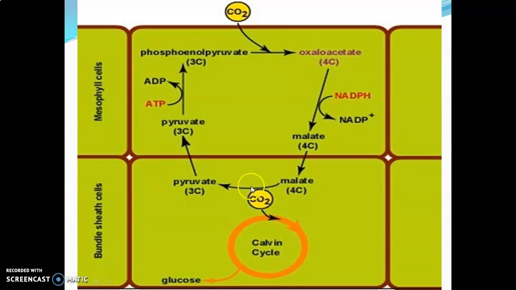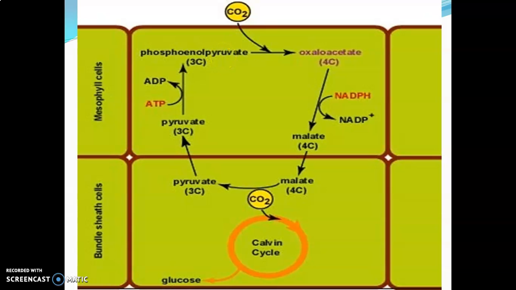Now the remaining pyruvic acid is transferred back to the chloroplast of the mesophyll cells. Here the pyruvic acid is phosphorylated by the enzyme pyruvate phosphate dikinase, and pyruvate is converted into phosphoenol pyruvate, or phosphoenol pyruvic acid.